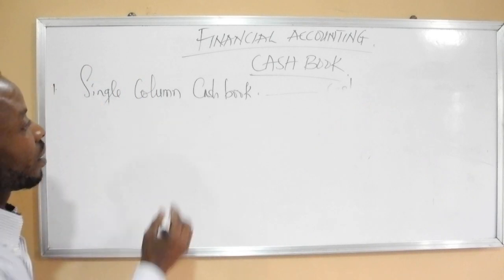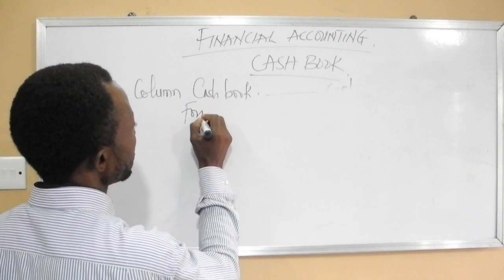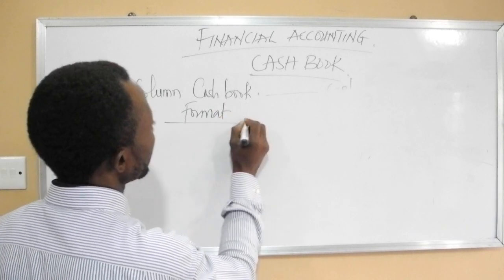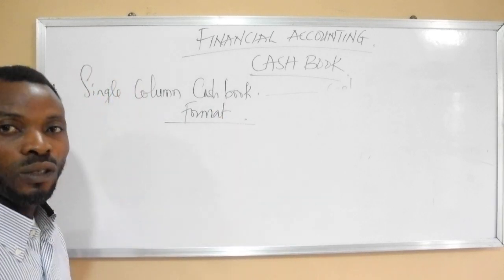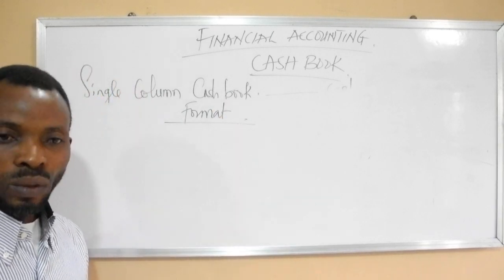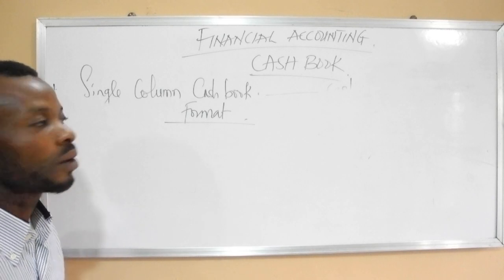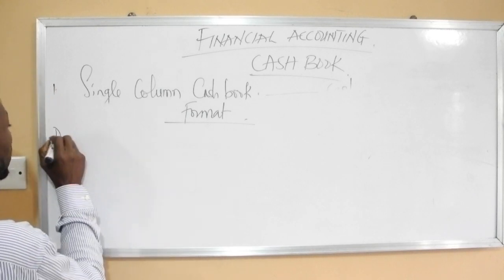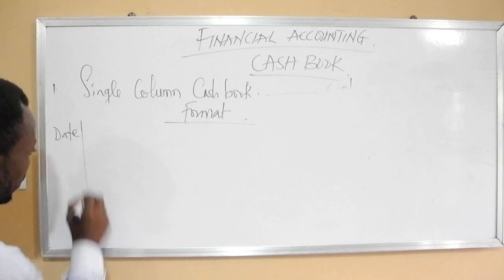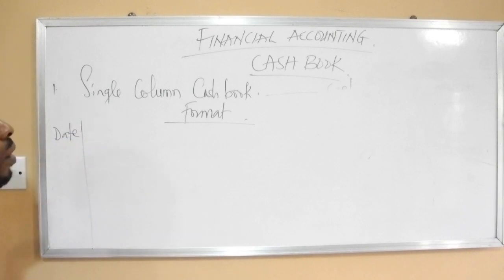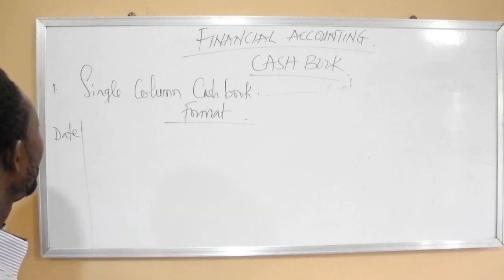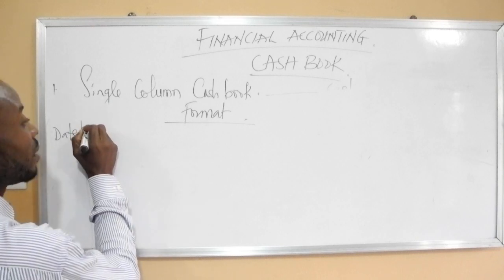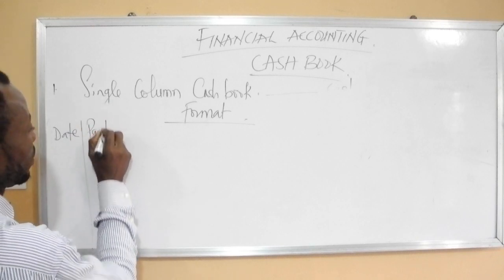So for every transaction, format now. For every transaction, you know the date of that particular transaction must be recorded. So you have a separate column for recording date. It's important, all right? You have a column for date, then after date, you have particulars.